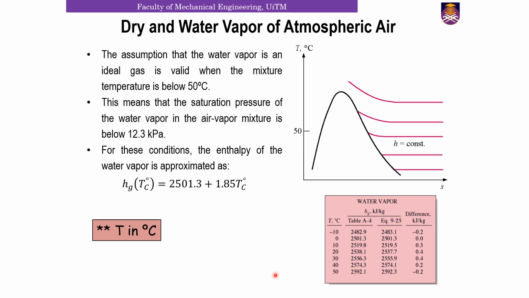So for this range, you can safely use this equation to find the enthalpy. Again, point to note, this temperature here is always in degrees C, not in Kelvin. So we'll be using this formula again and again in calculating our enthalpies in subsequent sections.